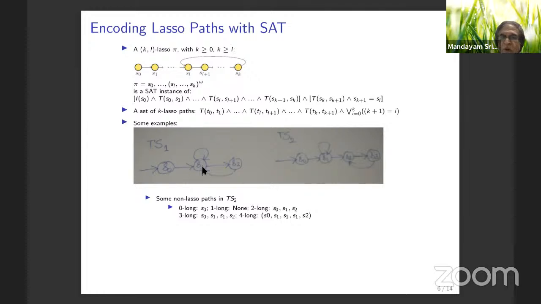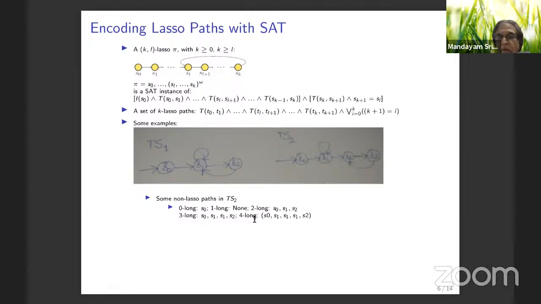And there is also another 2 long lassoing path, S0, S1, S1. So a 3 long one is S0, S1, S2, because S2 can go back to S1. I'm showing this because in lassoing paths, the prefix can have repetitions. So you allow for repetition.